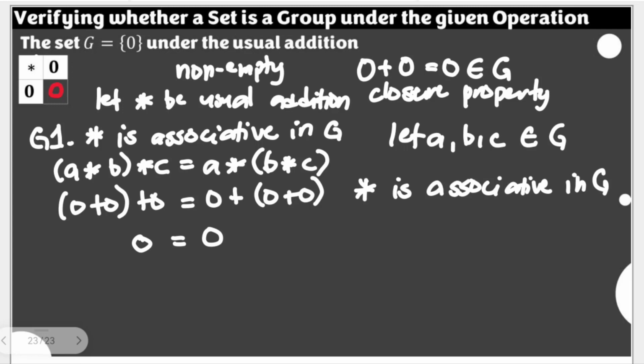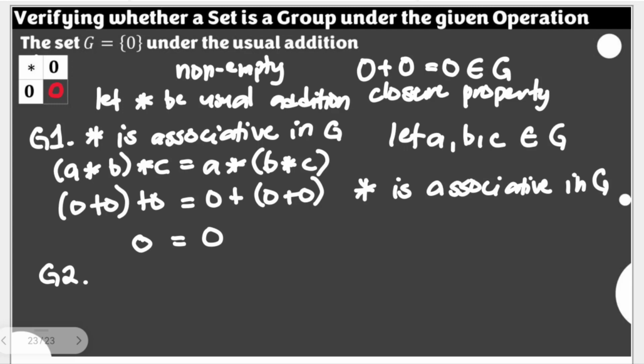Let's proceed to G2. G2 means there should be a presence of an identity element. The identity is any element that, when combined with another element using the operation defined, gives the element itself as the result. So let's try again.